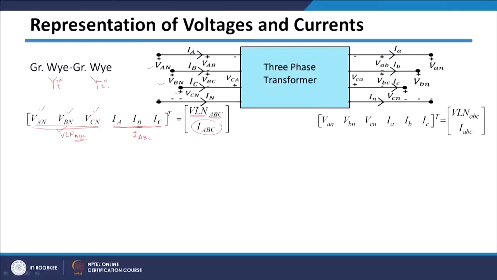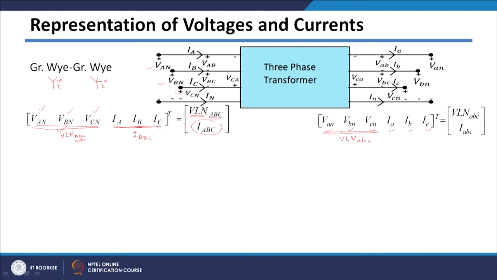Similarly, on your secondary side, since it is a ground connection, the voltages I can write with respect to neutral. So they will be VAN, VBN, VCN, and IA, IB, IC will be line currents, and collectively I can write the line to neutral voltages for all the three phases as VABC.